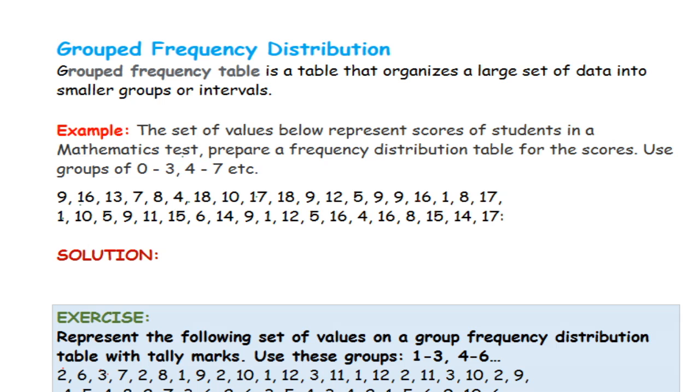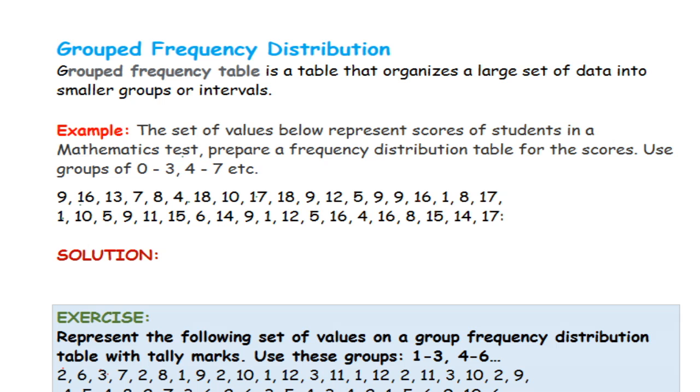Explain to you the concept of grouped frequency distribution. The example in the previous lesson is on ungrouped data, which you represent as individual data points, just like 1, 2, 3, 4, 5.